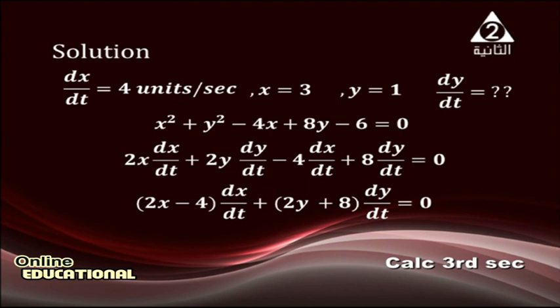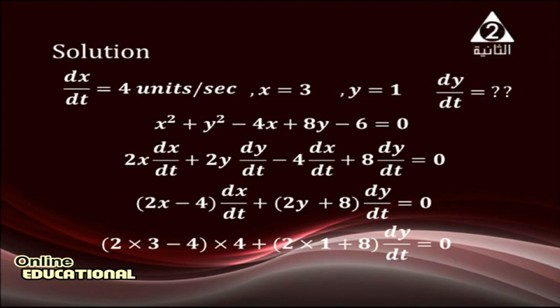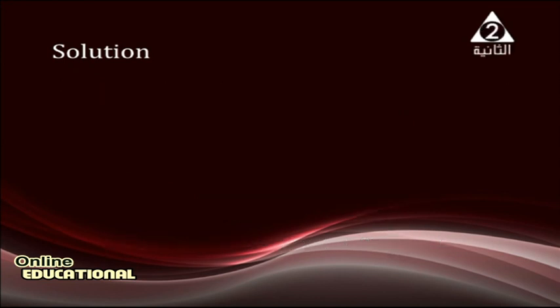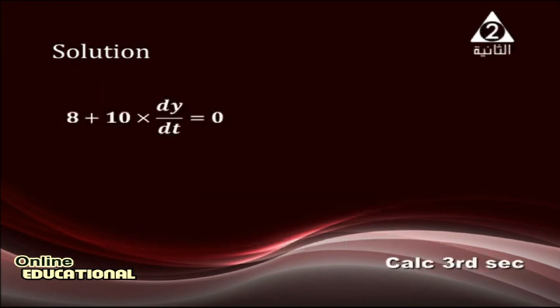We can substitute in this relation: (2 × 3 - 4) multiplied by 4 plus (2 × 1 + 8) multiplied by dy/dt. The first term is 8 plus 10 dy/dt equals 0.